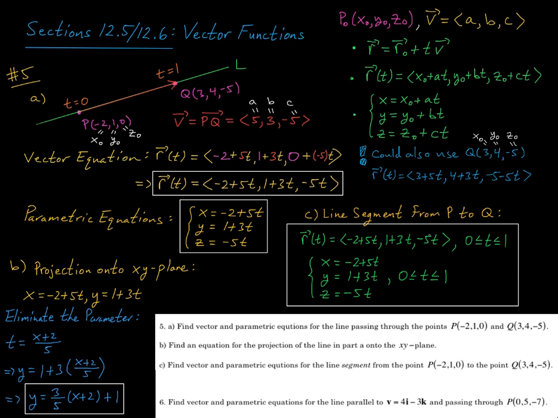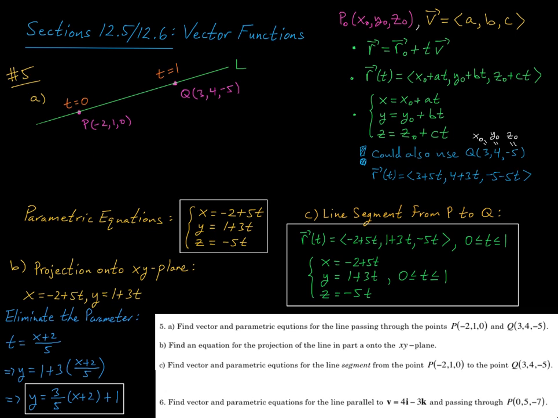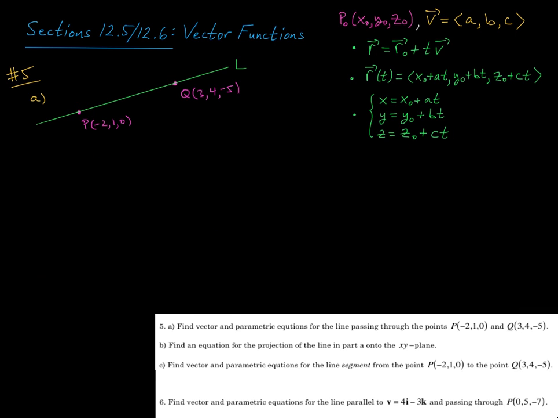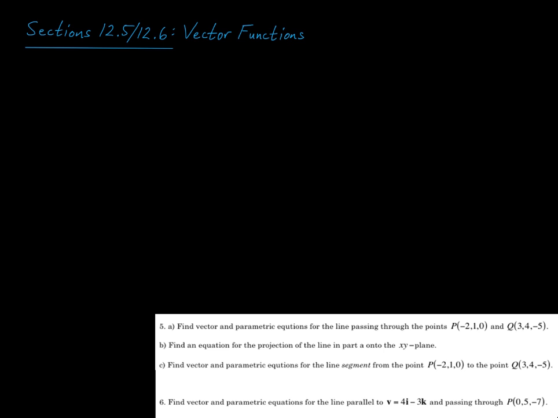All right, cool. So now let's go ahead and do question 6 real quick. This one is a little bit faster. It says, find vector and parametric equations for the line parallel to the vector v that is equal to 4i minus 3k, and passing through the point P with coordinates 0, 5, negative 7.